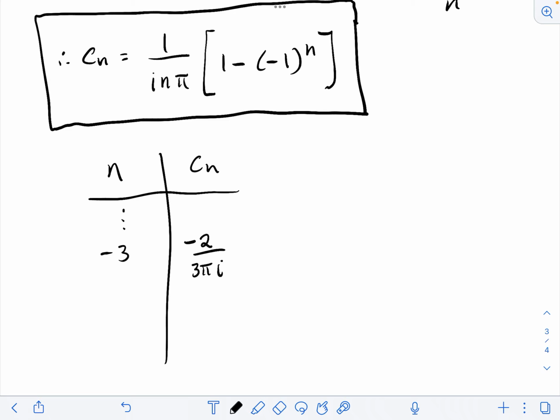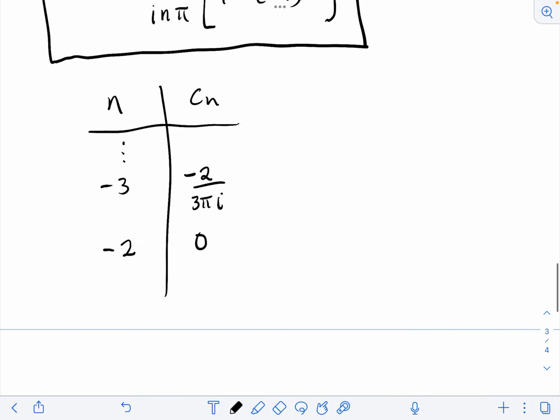Then minus 2: minus 1 raised to the minus 2 would be 1 over minus 1 squared, which is plus 1. In the brackets, we would get 1 minus 1, and so this would vanish.